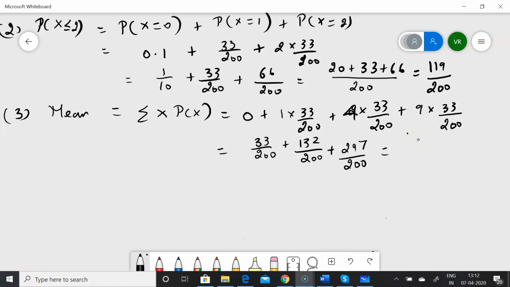So when added, that gives you 462 by 200, which is equal to 231 by 100, or which is equal to 2.31. So the mean x bar is equal to 2.31.